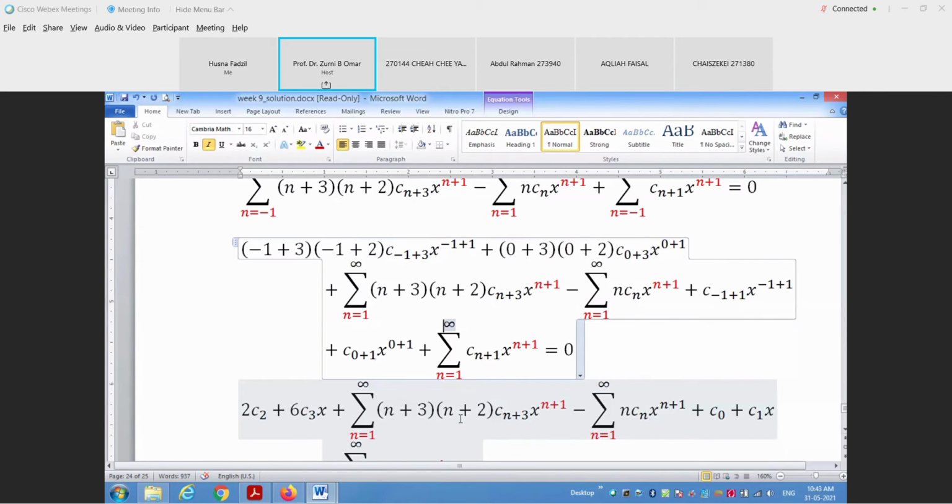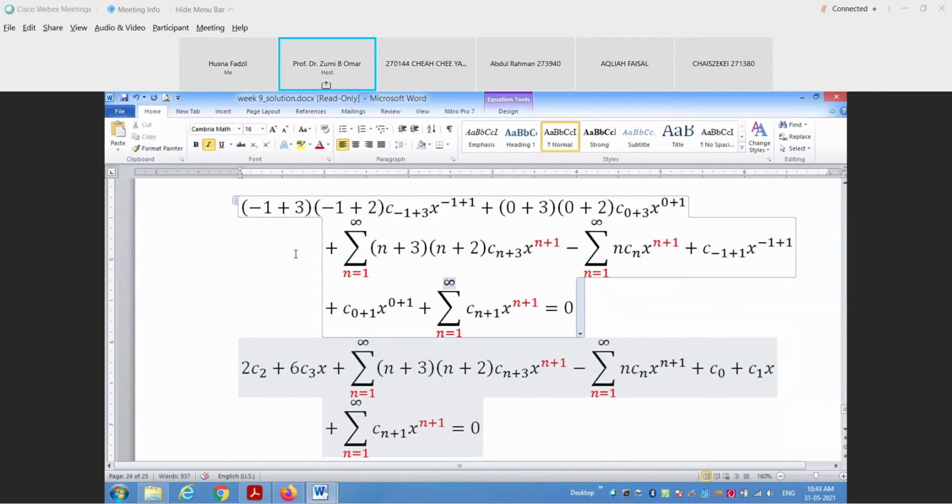And then the next step, we simplify all the terms here. Minus 1 plus 2 plus 3 will be 2, and 2 times this one, minus 1 plus 2, will be 1. Then 2 times 1 is equal to 2, and c_(minus 1 plus 3) will be c_2.